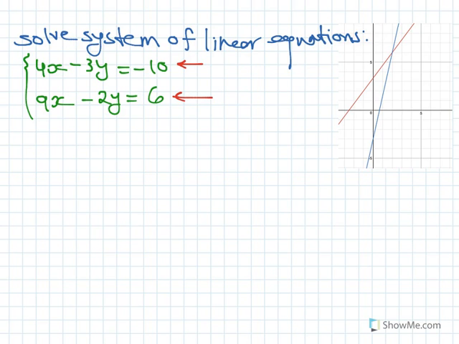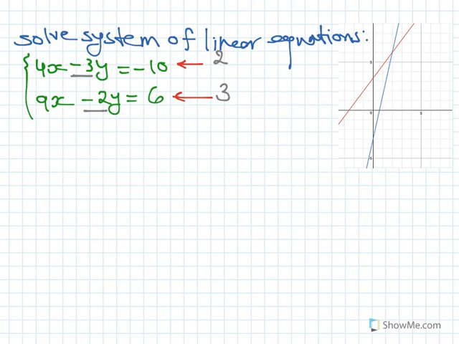So if I think about it, the y in the first equation is multiplied by minus 3, and y in the second equation is multiplied by minus 2. So if I do a cross and multiply the first equation by 2 and the second equation by 3, I will have the same coefficient for y. So I will end up with these two equations.